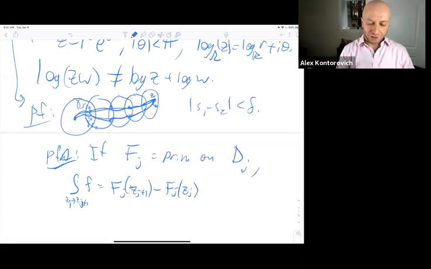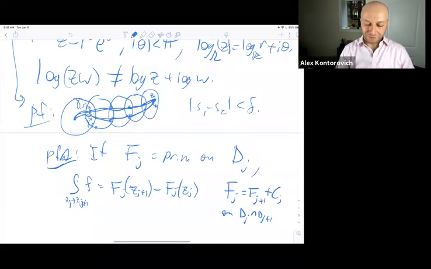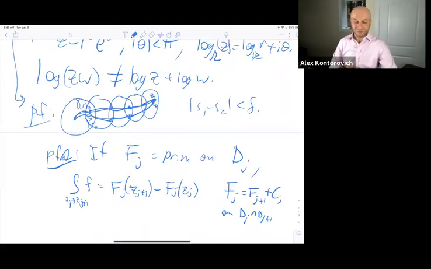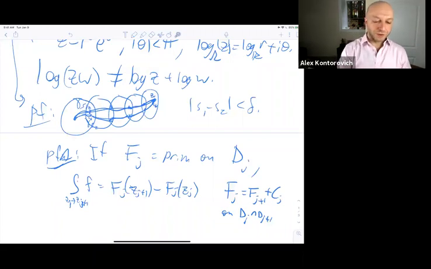Each primitive on the intersection differs from the previous, so this is on Dj intersect Dj plus 1. On the regions where they intersect, we have two primitives. They have the same derivative, so the difference of the derivatives is 0, so they differ by a constant.